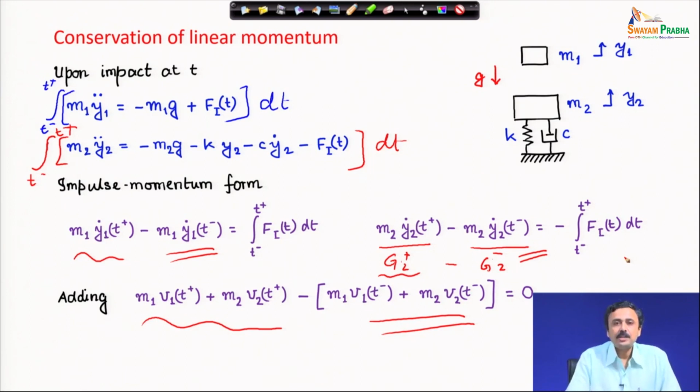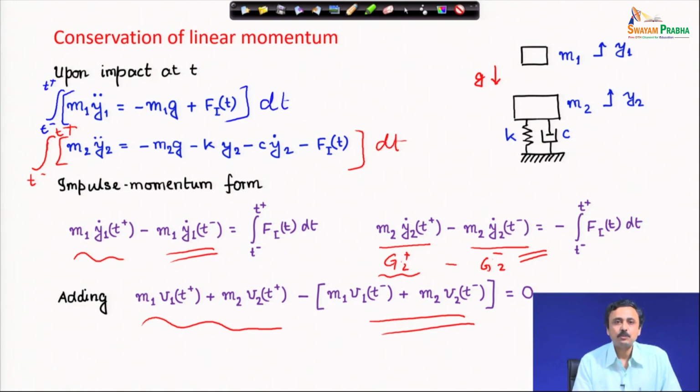What this final relation tells us is the final linear momentum of the total system minus the linear momentum just before the impulsive force acted. So, final linear momentum just after the impulsive force acted minus the initial linear momentum just before the impulsive force acted is equal to 0.